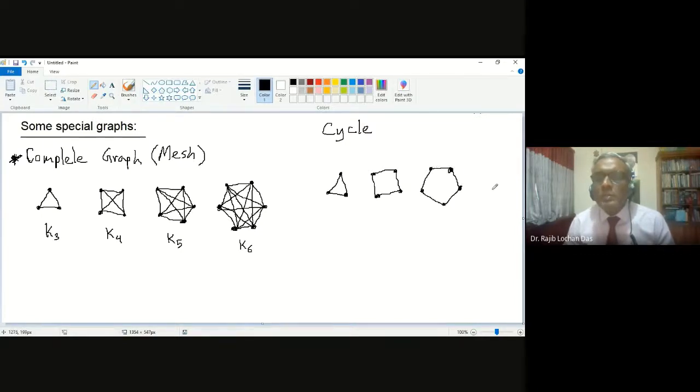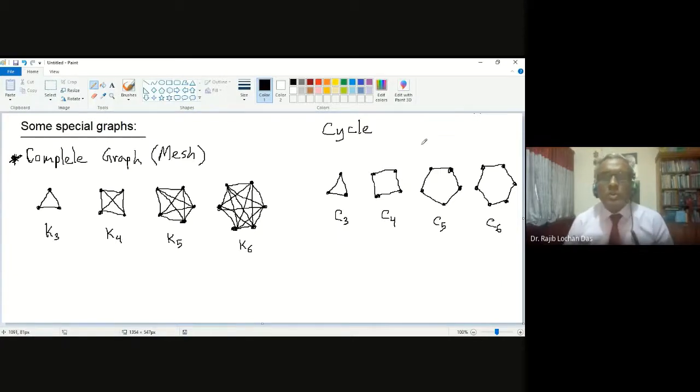If you have 6 points, the cycle will be like this. So this will be called C3. C3 means 3 vertices and cycle, and C4, C5 and C6. And the complete graph is called K3, K4, K5, K6.